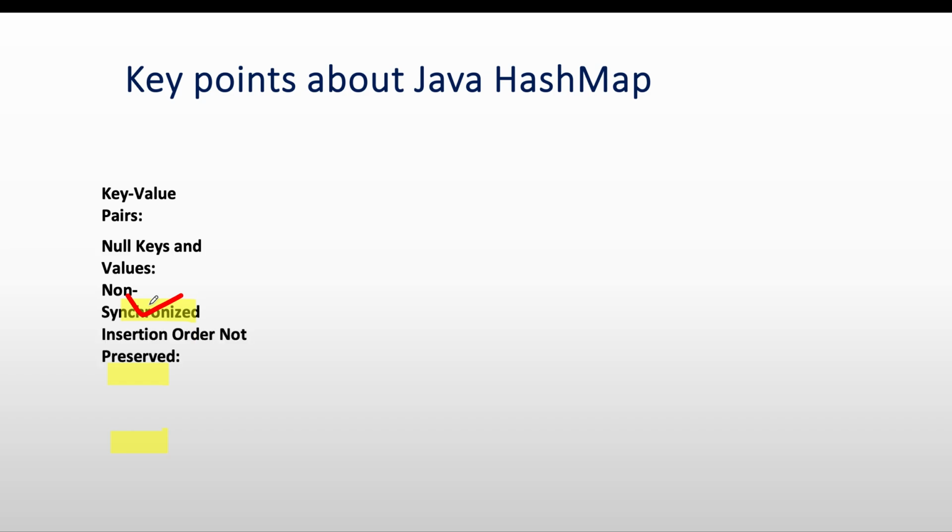The next important point is that insertion order is not preserved. Just one point you have to remember: whichever collection starts with Hash, it works on the hashing concept. It means whatever value you are storing, either in a HashSet or HashMap, it calculates the index value based on hashing. Hashing is nothing but some integer value.